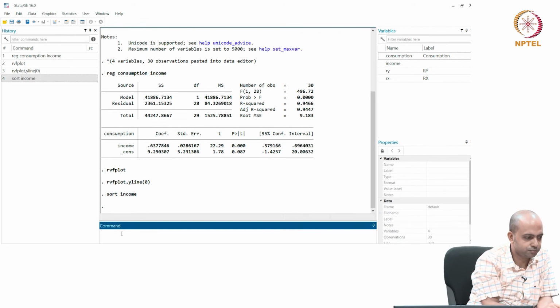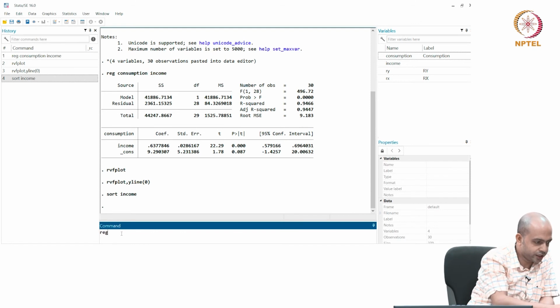Sort income, right. So, I will first sort income, and then I will first run a regression.